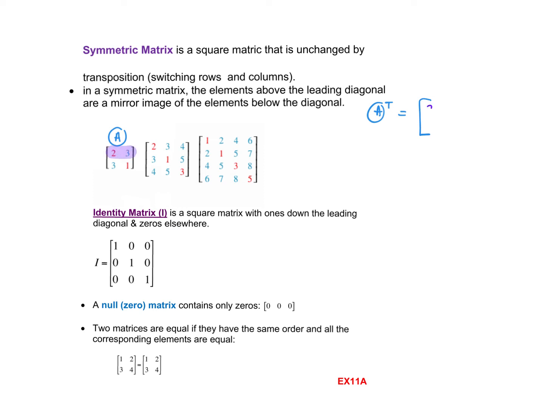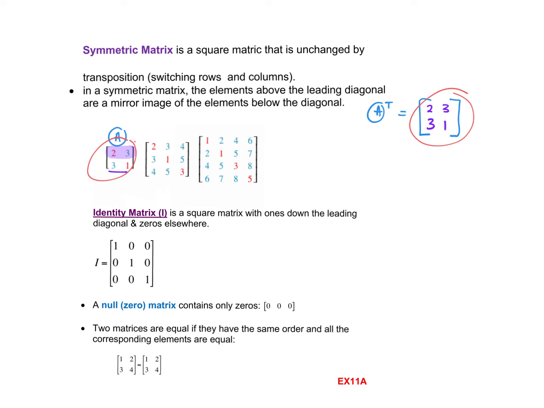So that means it would be 2 and 3. And then I'll make this row a column, 3 and 1. Can you see, do I end up with the same? Yes, and that's why this one is symmetric, because when I transposed it, I got the exact same thing.